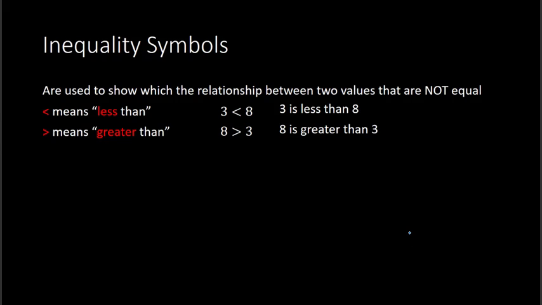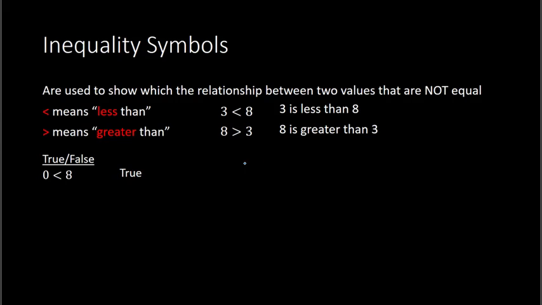Now we'll finish with a few examples where you have to determine if a statement is true or false. So here is the first statement. Is this true or is this false? Well, notice that the mouth should be facing the bigger number, and the mouth is facing the 8, so this would be a true statement.